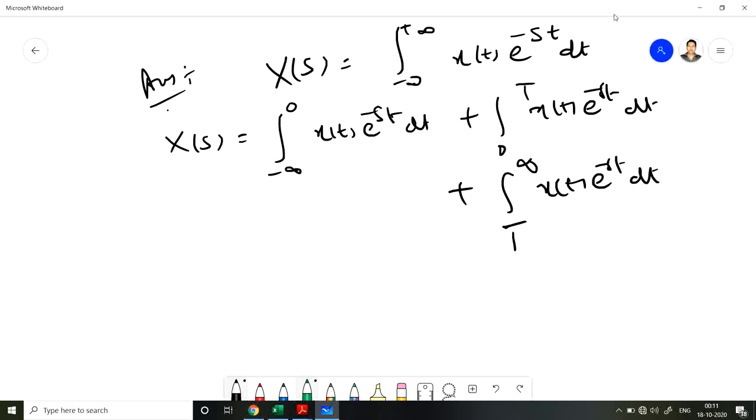Because x(t) only exists between 0 to T. So this value and this value are 0.